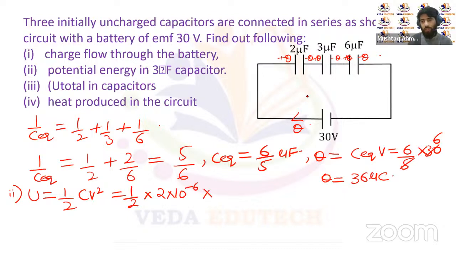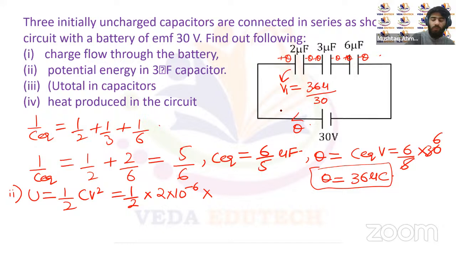We have to find the potential across it. We just calculated the charge, 36 microcoulombs.